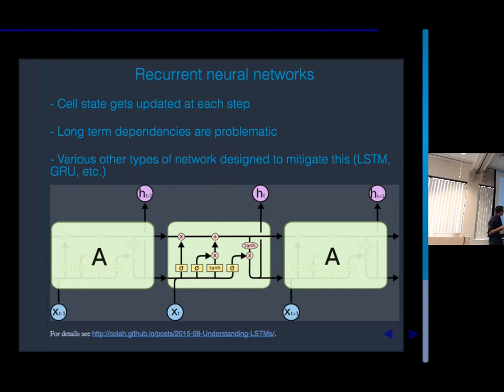What we do is we learn to be able to decide not to update the state. Does that make sense? So if we think that part of the state should just remain the way it is, then this gate will close. They're basically activation functions that get applied to the input.